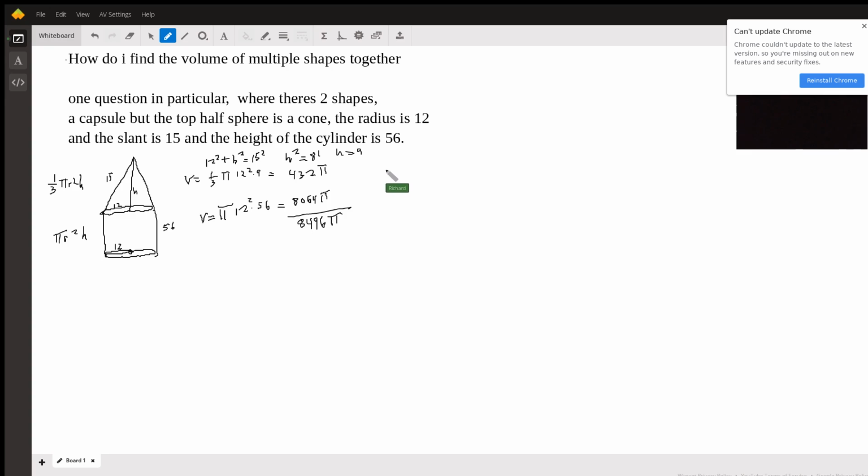But I like this problem because it's very representative of a class of problems in geometry where you have two shapes, or sometimes more than two shapes, combined into a single shape, and you have to answer questions about volume and perhaps surface area. Also, this is a shape that we can see in the real world.